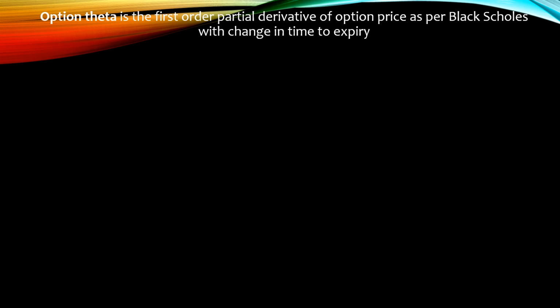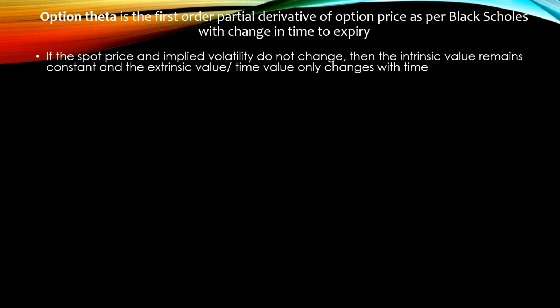Now, option theta is the first order partial derivative of the option price as per Black-Scholes with respect to change in time to expiry. If the spot price and implied volatility do not change, then the intrinsic value remains constant and the extrinsic value / time value only changes with time.